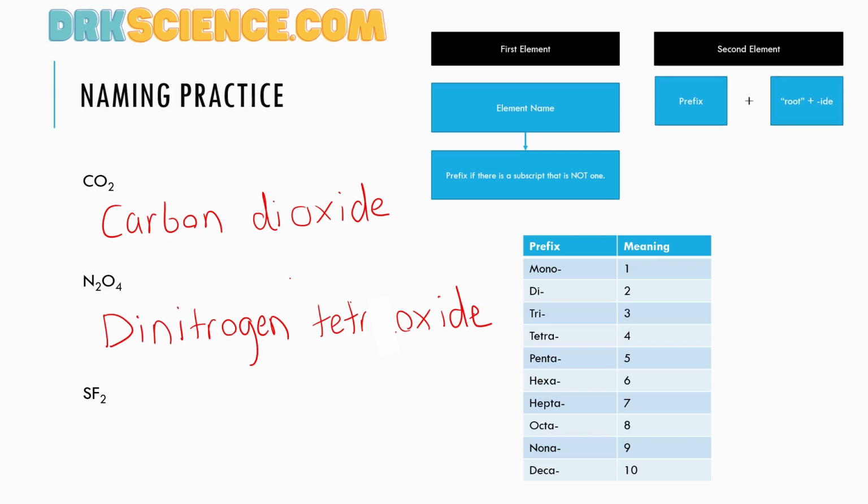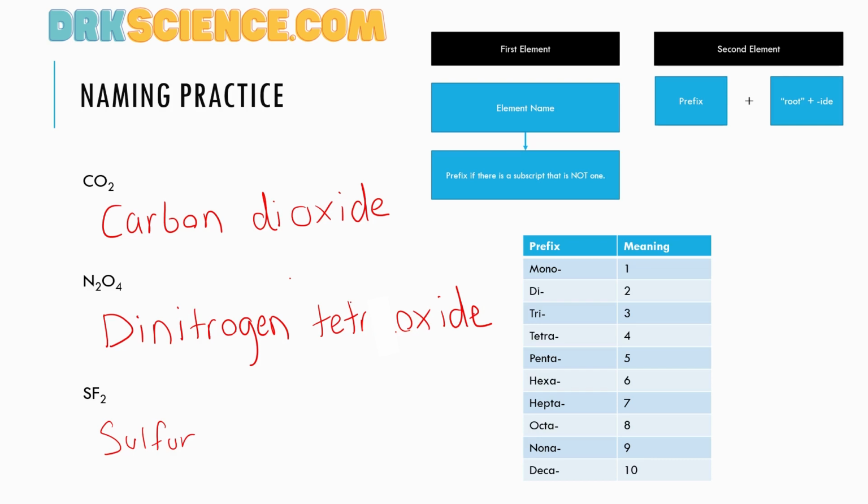Our final one is SF2. Our first element is sulfur, and in that case, sulfur has an implied subscript of 1. So in that case, we just need to write sulfur. We don't use the mono prefix for the first element. And then our second element is fluorine.